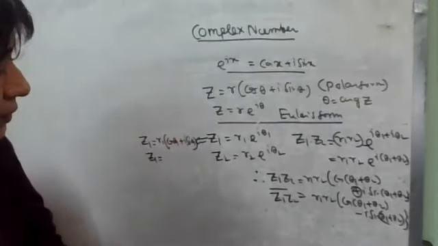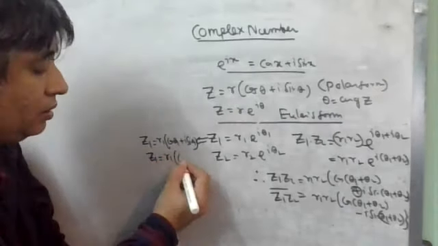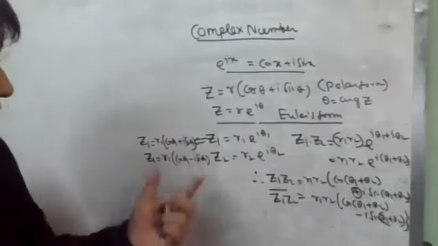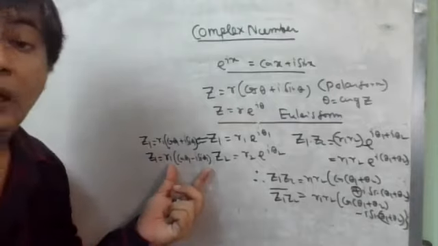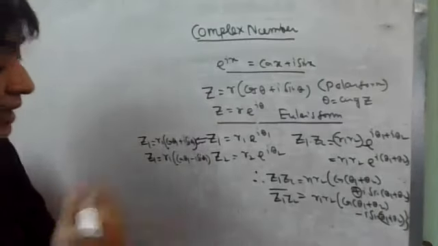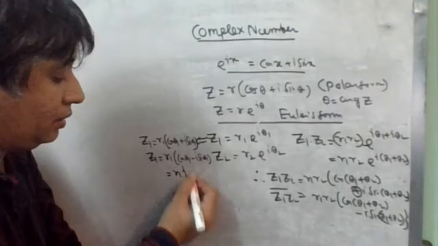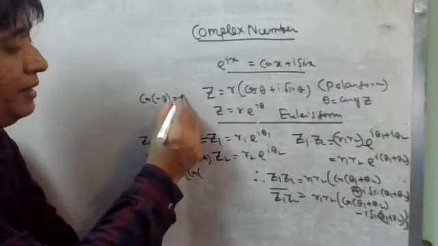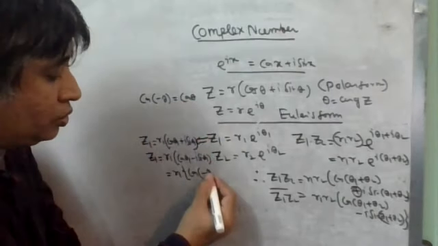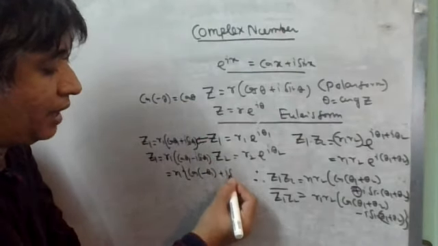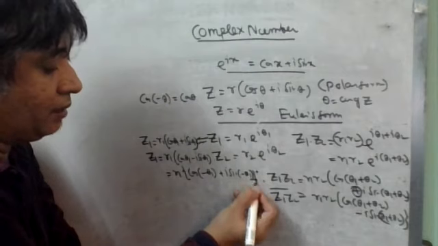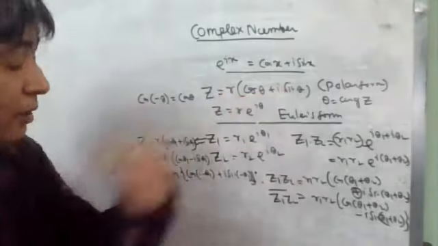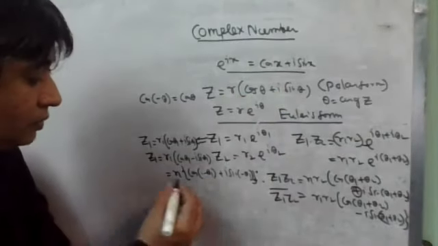What is z1 bar then? r1 cos theta 1 minus i sin theta 1. So instead of this, what can I write? Using the basic property of trigonometry, cos of minus theta is equal to cos theta, so r1 cos of minus theta 1 plus i sin of minus theta 1. I have expressed it in the general expression of polar form, in plus form.